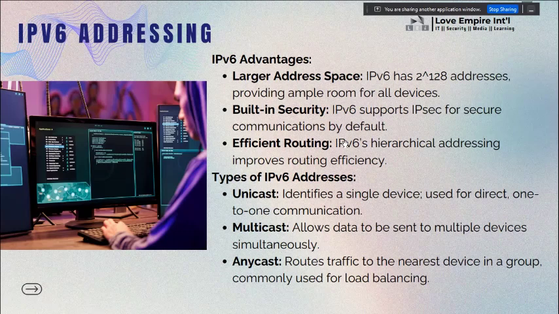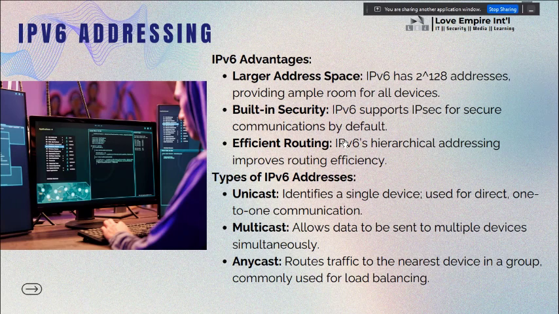So maybe in the next, I don't know how many years, before this can get exhausted, it will take a very long time before they start thinking of coming up with another version of IP, maybe IP version 8 or IP version 10. It will take a very long time. By then, most of us might not even be existing again, because this is very large.